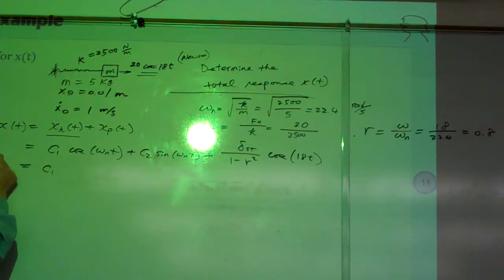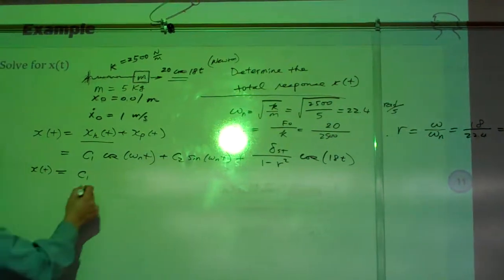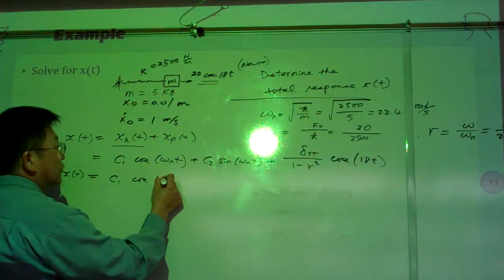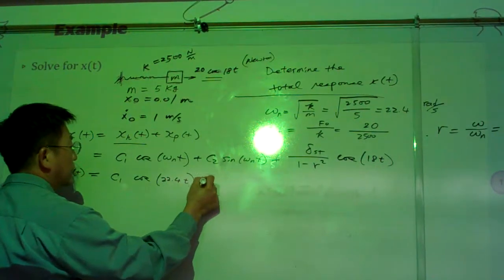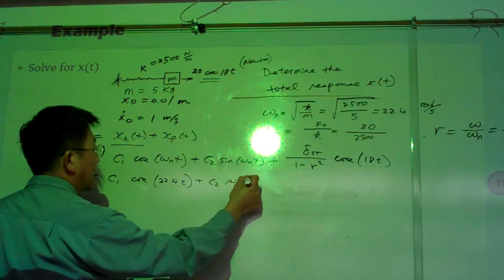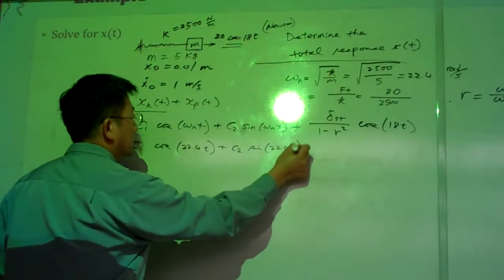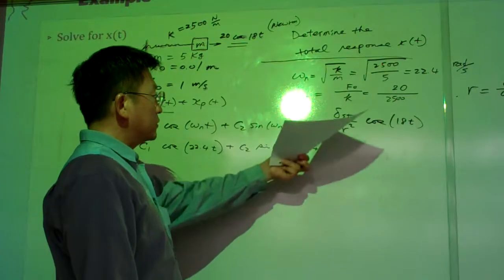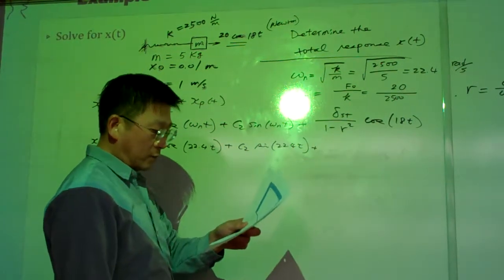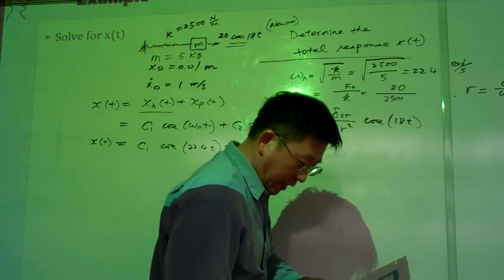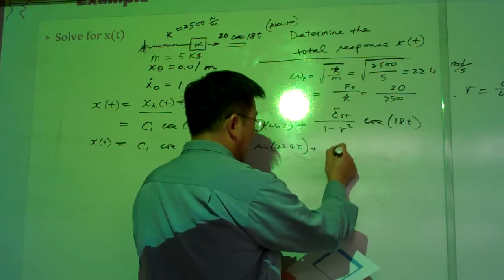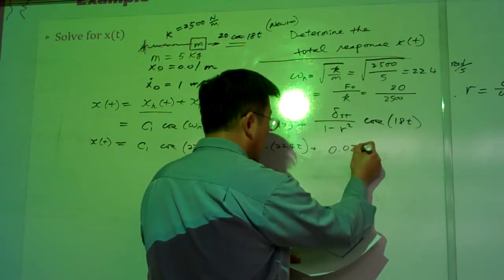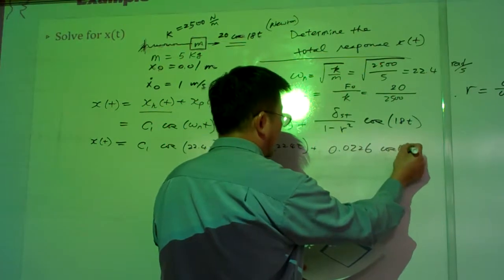That is C1 cosine 22.4t plus C2 sine 22.4t plus, for this one, delta st divided by 1 minus r squared, and that one I do have calculated, 0.0226 cosine 18t.